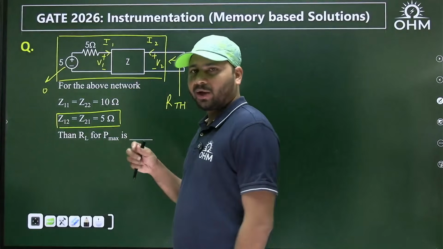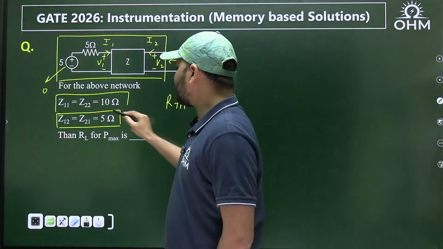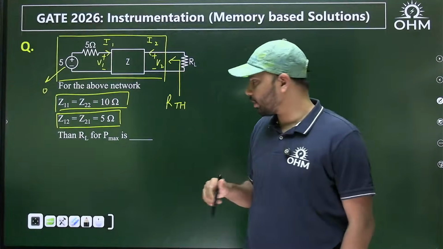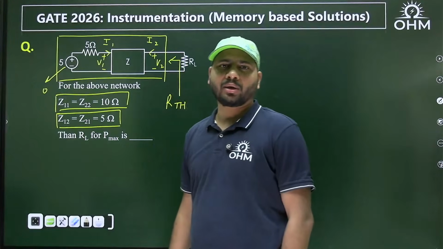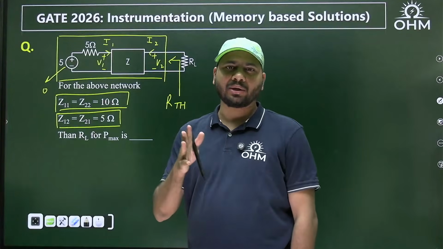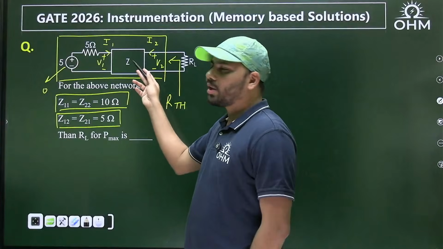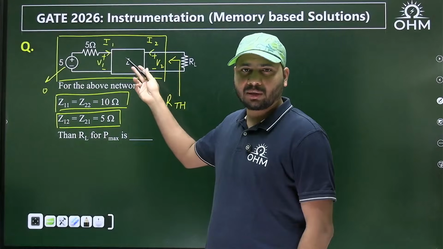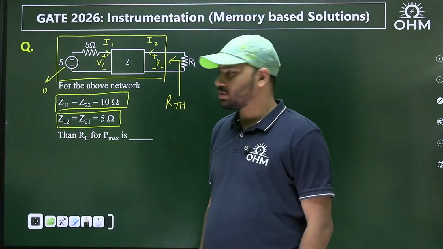But if you make this small observation where Z11 and Z22 both are equal, which implies the 2-port network has got symmetry. And also the fact that Z12 and Z21 are equal indicates that it obeys reciprocity. And in general, resistive networks will obey reciprocity. So we can easily represent this two-port network, for which the Z parameters are given, with a simple resistive network.